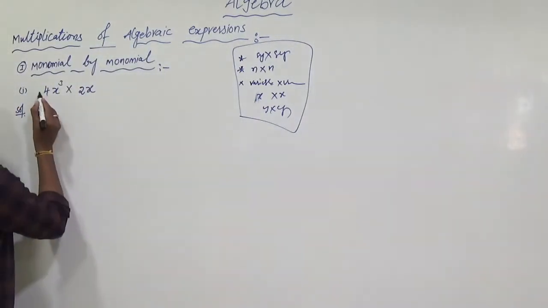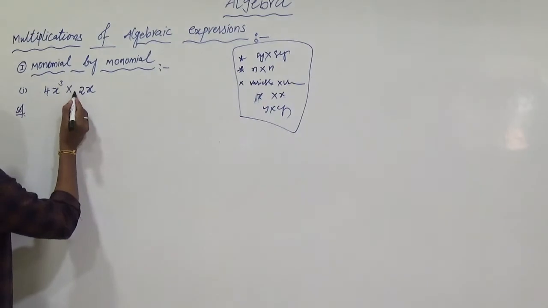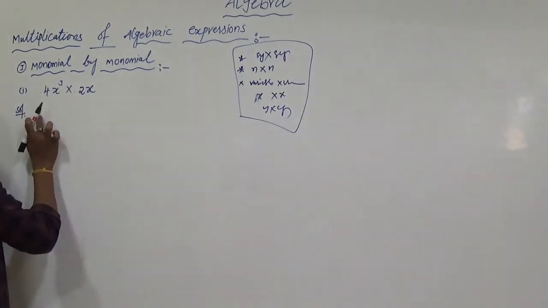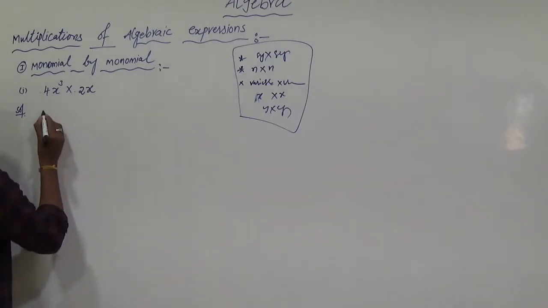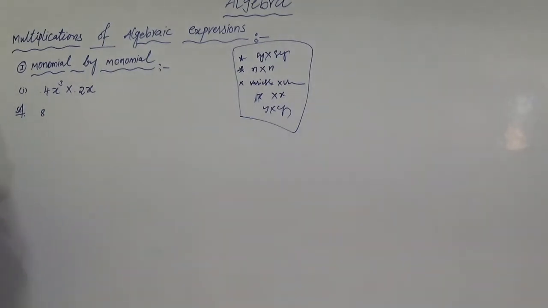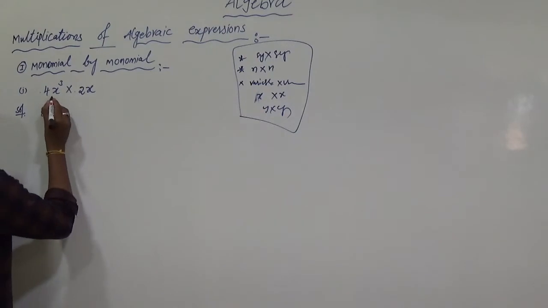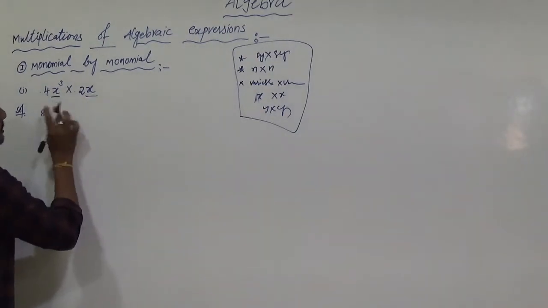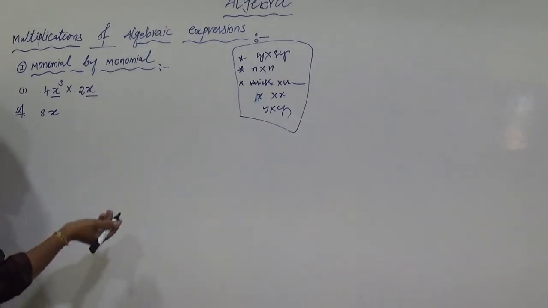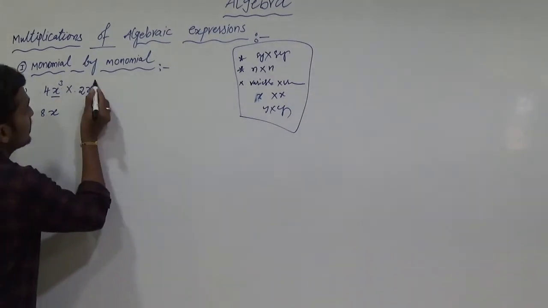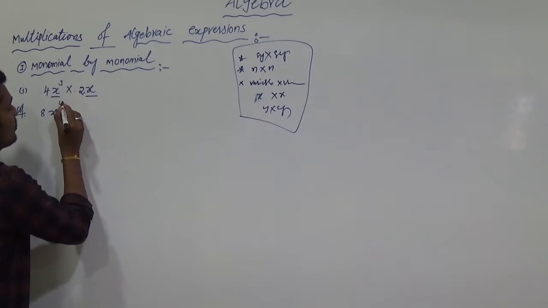Okay. Now we are doing the first one. The symbols. 4x cube has the plus symbol, 2x has the plus symbol. Plus into plus is equal to plus, no need to write plus. The next numbers. 4 into 2 are 8. Now here x cube into x, both are common x. X is the variable. The power of x is here 3, here 1. 3 plus 1 is 4.